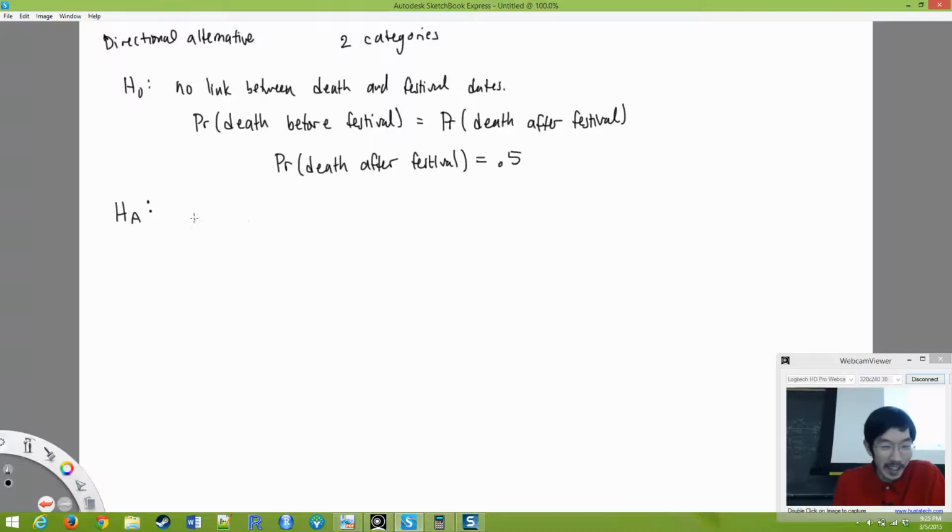And the alternative would be that the probability of death after the festival is greater than 0.5. And so there were a total of 103 deaths that happened within 1 week of the festival.